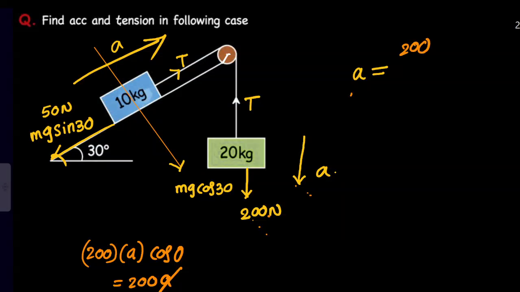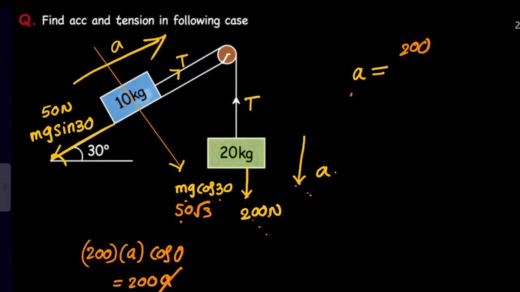Next, come to the other block. What are the forces acting on this block? One force is 50 and one force is mg cos 30. Mg cos 30 is equal to 50 root 3. So 50 root 3, and the acceleration is like this.